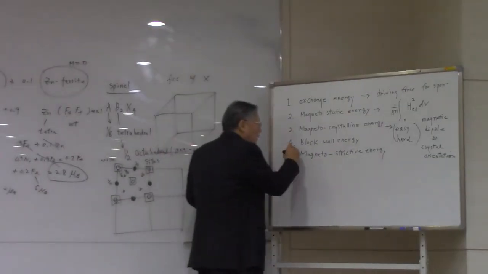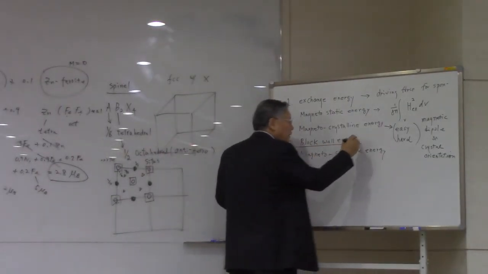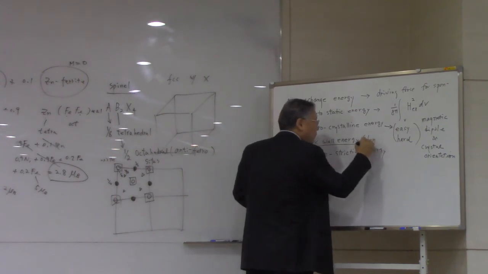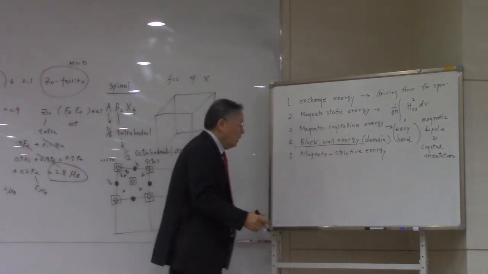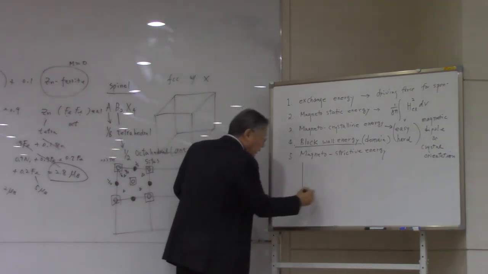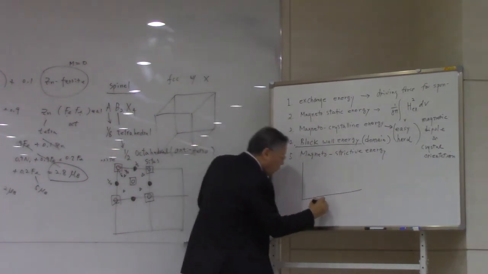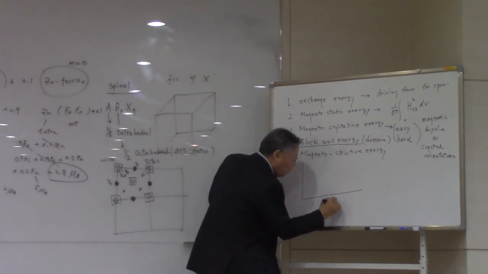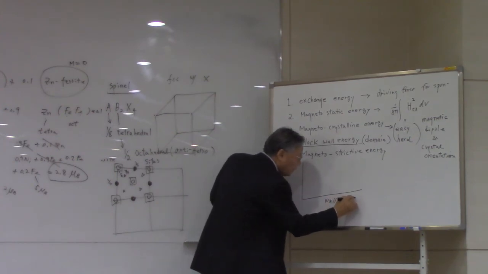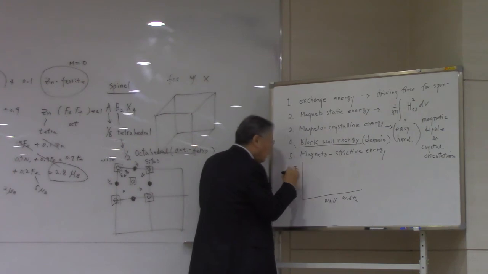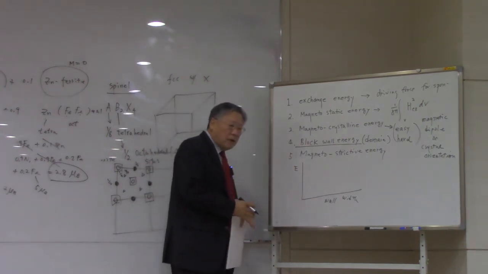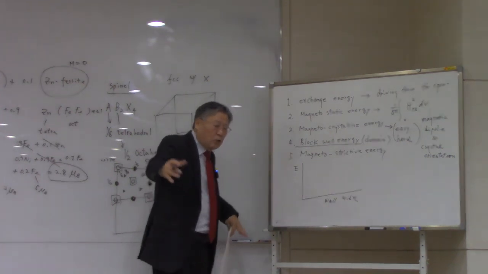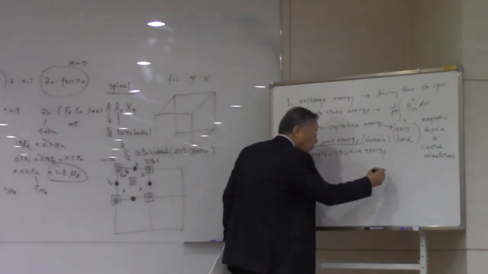Block wall energy is the domain wall energy. If we plot the domain wall width with the energies, the exchange energy, if we have a bigger domain wall. What is a domain wall?